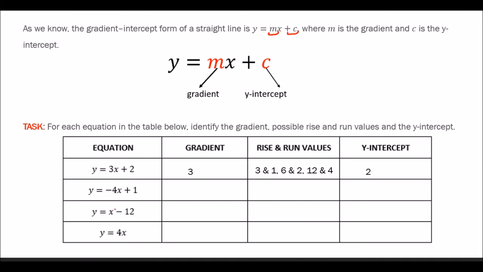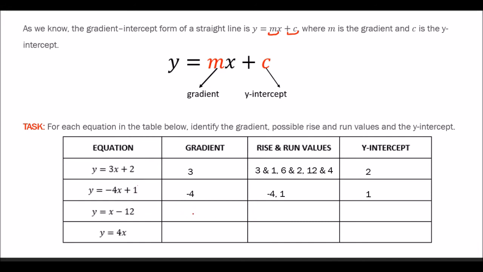For this next one, the gradient is negative 4. The possible rise and run value as well, if it's just a whole number, just put it over 1. So in this case, it's negative 4 over 1. And then the y-intercept in this case is that number by itself, which is just 1.